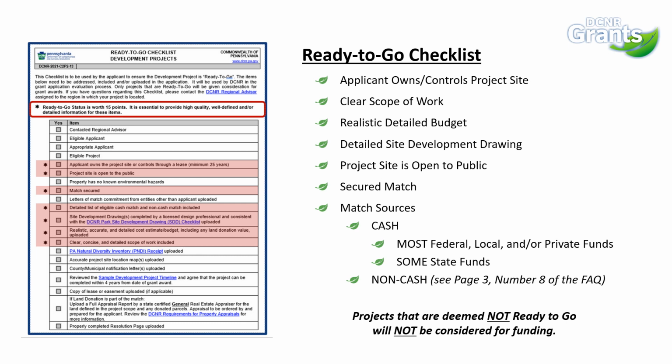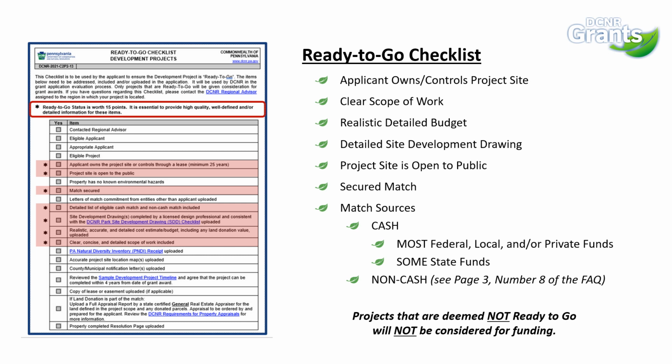Secured match, eligible cash and non-cash match information. The term secured match is when the applicant has the cash match in hand or in the bank ready to be used for the project. The source of that match can be cash budgeted in the municipal budget or from another eligible grant source. Most state, county, and federal funds will match our funding. Non-cash match can also be used.